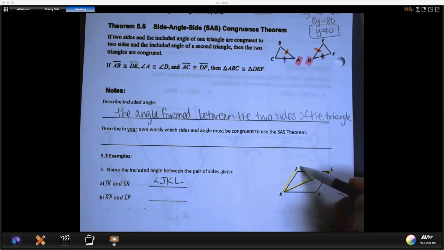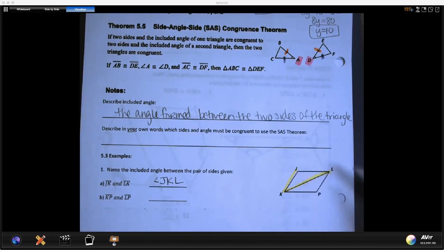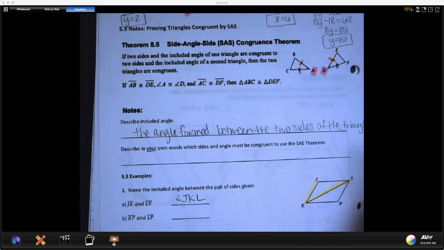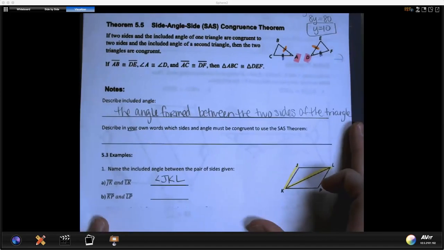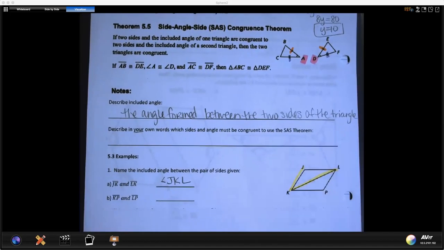Yeah, there's just one letter there, right? Is there a second angle that would be forming from that? No. Could I say angle P by itself? Could I say angle L by itself? No, because there's three different angles coming from that one spot. Does that make sense? Okay, go ahead and do B then.